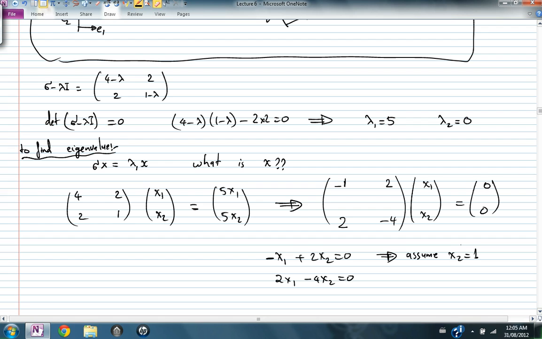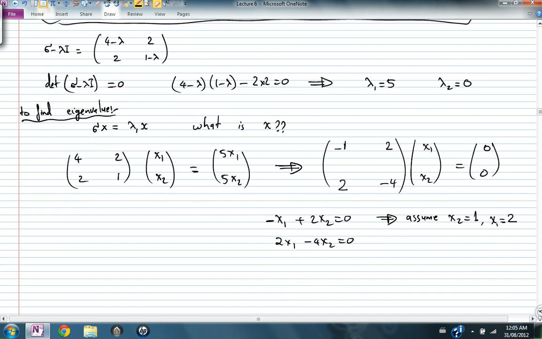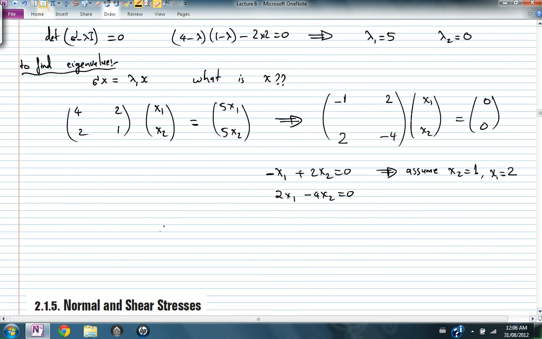If you assume x2 is 1, you'll find that x1 is equal to 2. Therefore, eigenvector 1 will be equal to (2, 1).